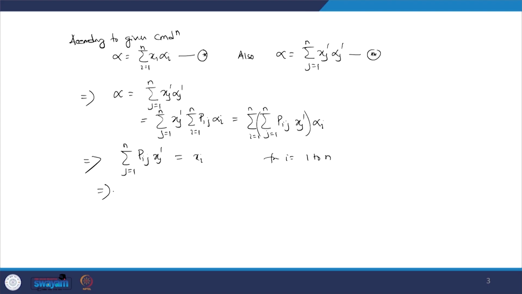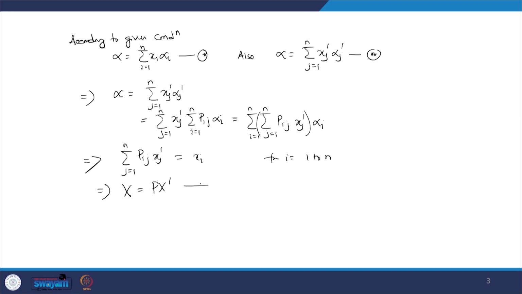So, this implies I can say capital X equal to P x prime, because this is true for i equal to 1 to n. So, x1 equal to this, x2 is again similar. If you write like this, you will have your capital X equal to P into x prime. So, this is the relation.